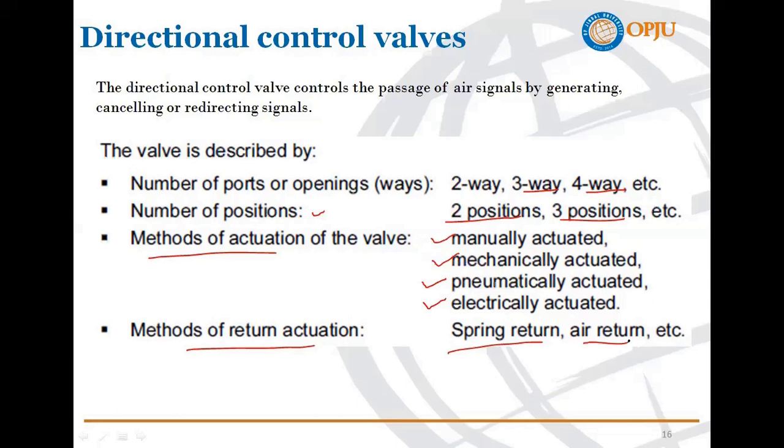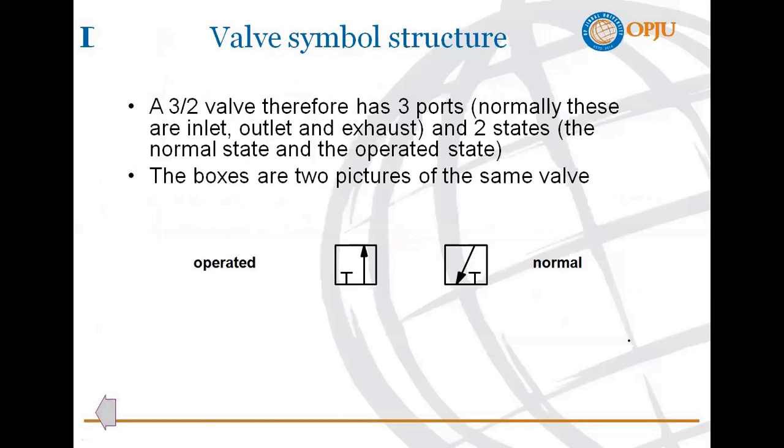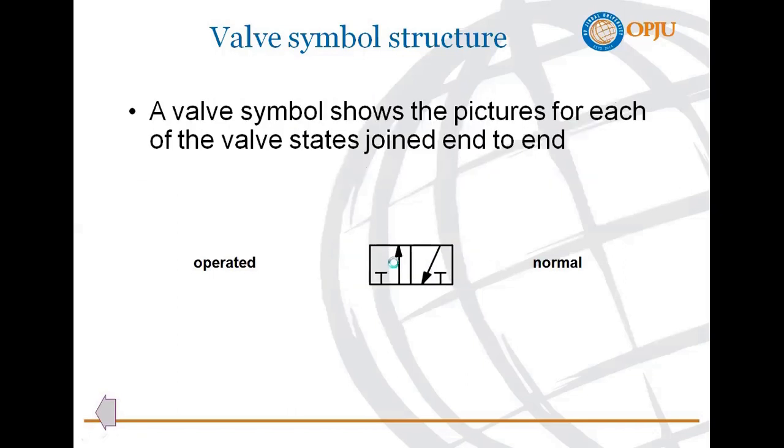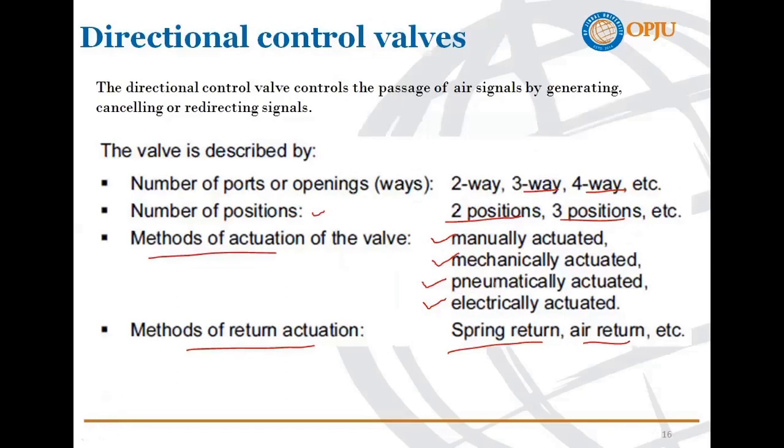Let's see in detail. Say this is one position, and this is the second position, so this is a two-position valve. Each position is indicated by a rectangle, or square. So for two positions, two squares are there: this is the one position, this is the two position.